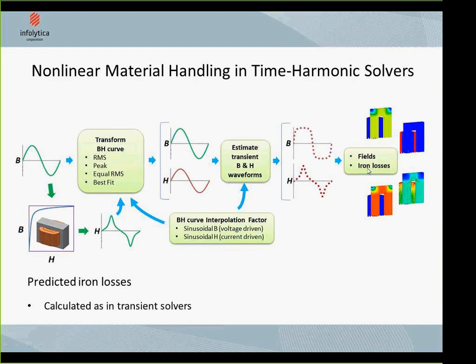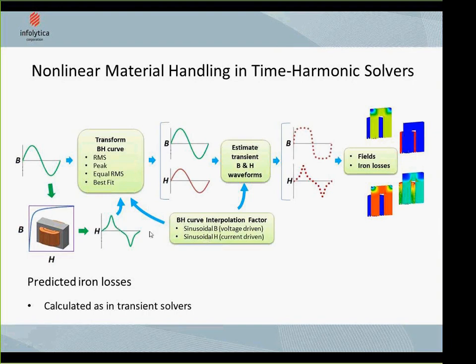The key point to note is that the time harmonic solver is using the same method as in a transient solver. So to recap, assuming that we are considering a case of sinusoidal B, which corresponds to a voltage-driven case, you're going to generate the transient waveform from your BH curve, and then you transform your BH curve based on these 4 methods, and also on the interpolation factor, which takes into account whether it's voltage-driven or current-driven.